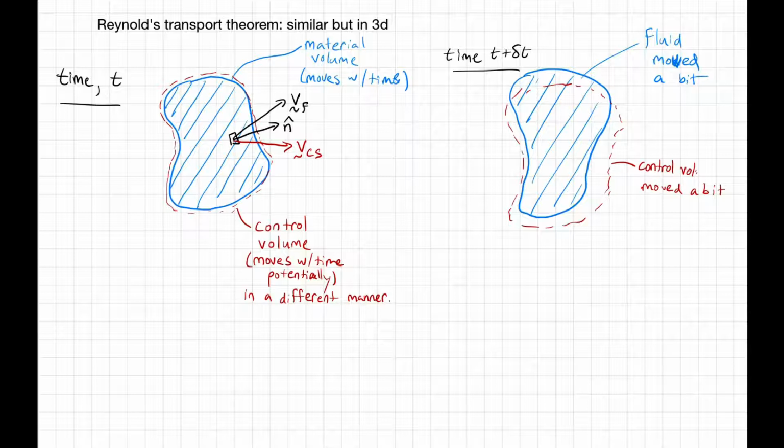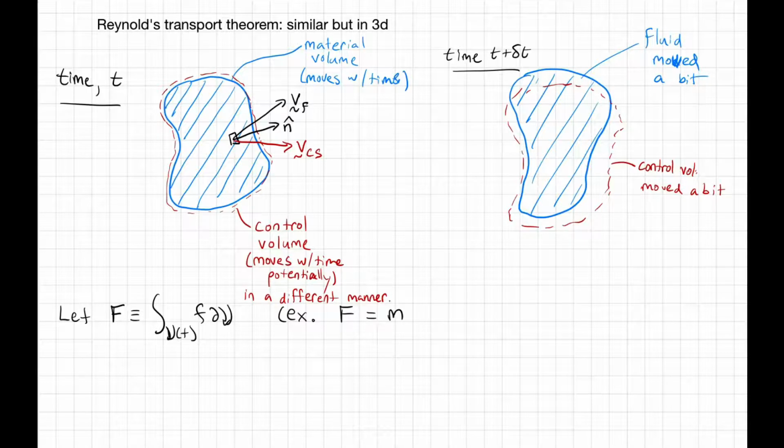Now, what is our goal here? Our goal is to talk about an integral. Let capital F be the integral over the volume, either volume, of a quantity little f dV.